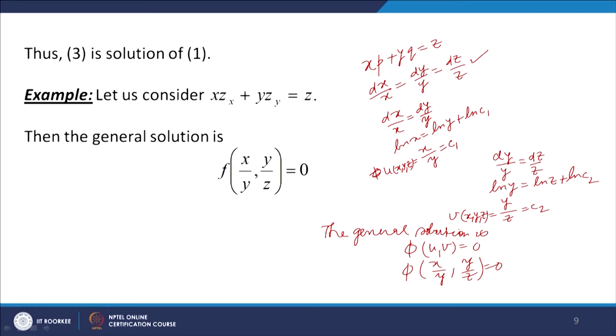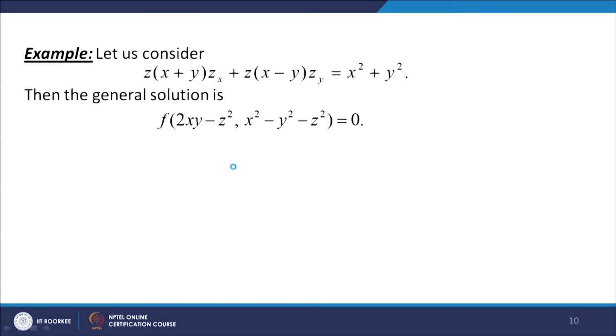Now, let us go to another problem. So, we have a Cauchy-linear PDE of first order. Let us compare this given partial differential equation with the standard form Pp plus Qq equal to R, then P is equal to z into (x plus y), Q equal to z into (x minus y), R is equal to x square plus y square.